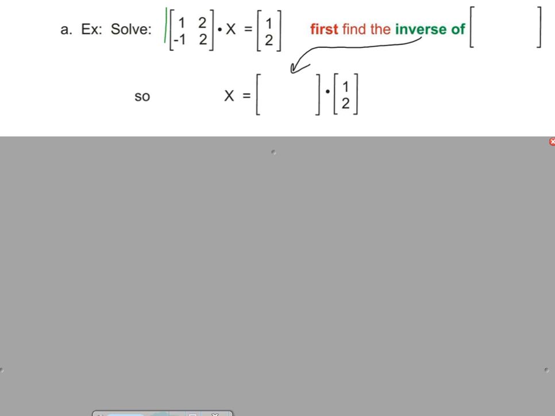All right, so what do we got to do? We got to move this matrix, right? It's multiplied times the variable. We got to move it by multiplying both sides by the reciprocal. So, again, if we just call that A, then we need A to the negative 1 times that side. And I'm going to do it in the back, A to the negative 1 times that side. Right?